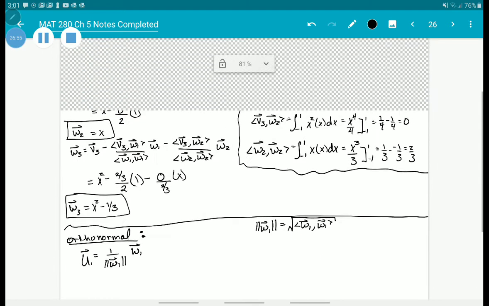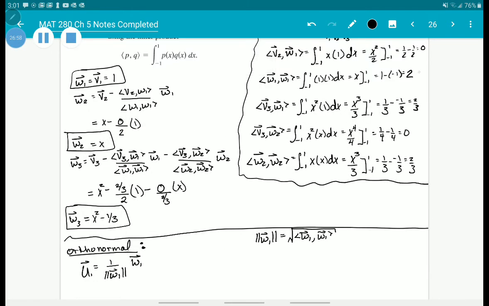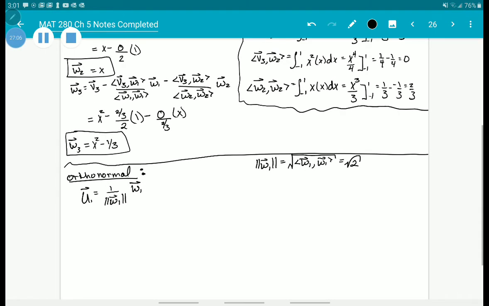Actually, we already found that. That was up here, and that was 2. So this ends up being the square root of 2. So we have 1 over the square root of 2 times W1. So our U1 vector is 1 over square root of 2 times W1.